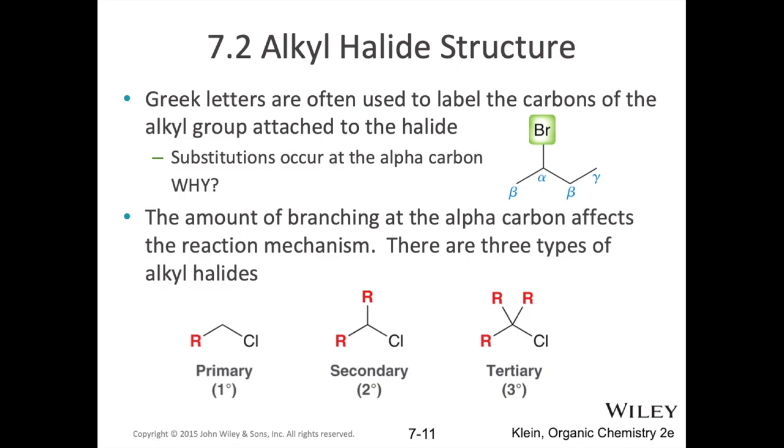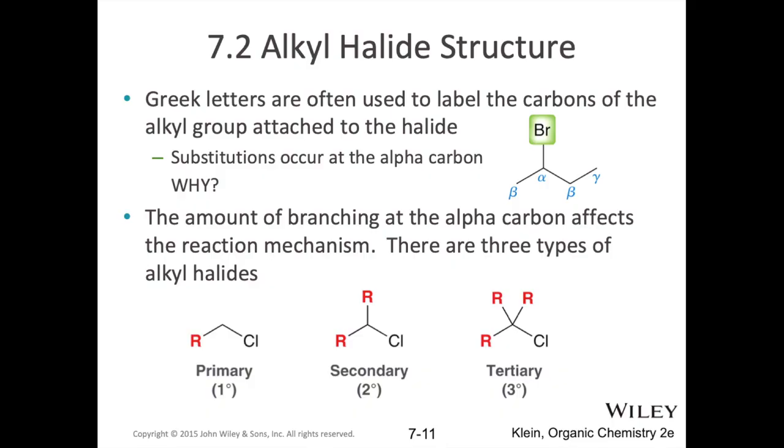In addition to this, we can look at that alpha carbon and ask ourselves how many alkyl groups are attached to it, and we can give it primary, secondary, tertiary designations, kind of how we did with carbocations not too long ago.